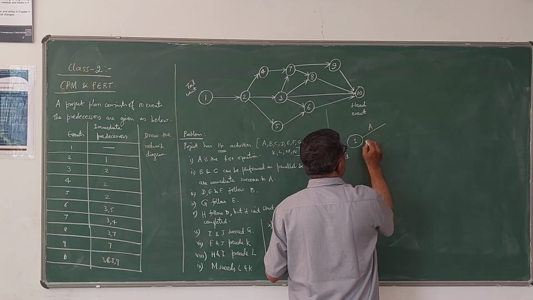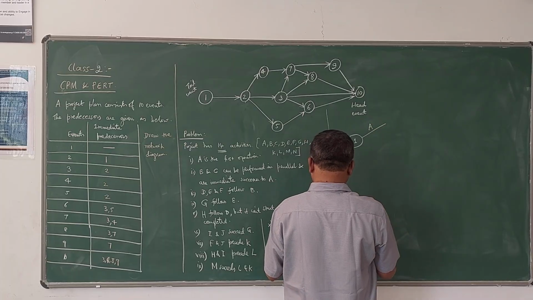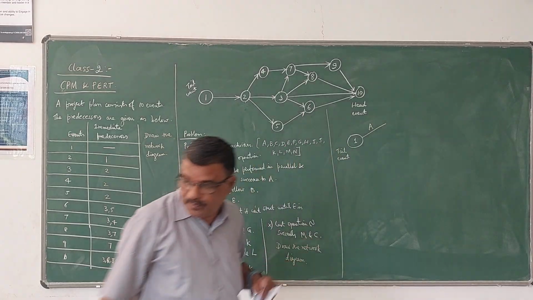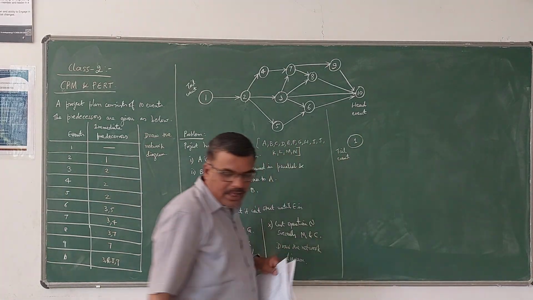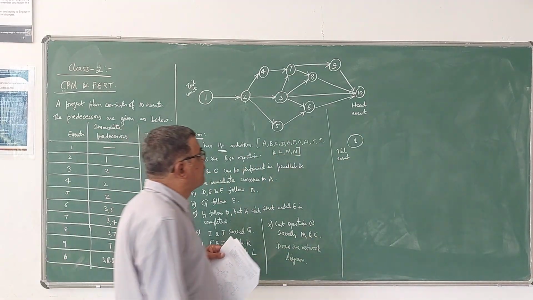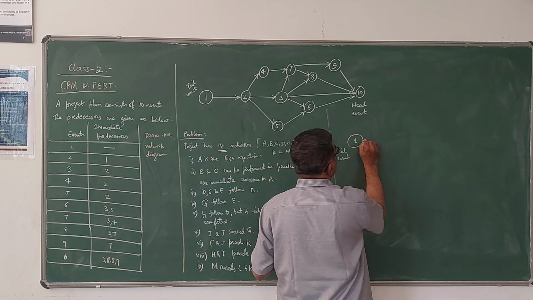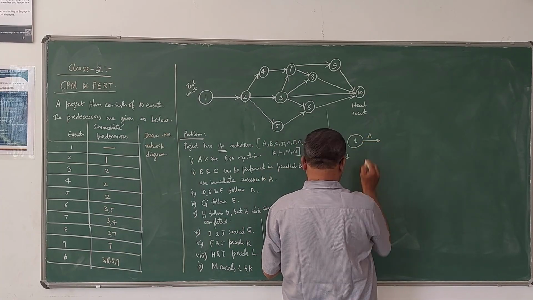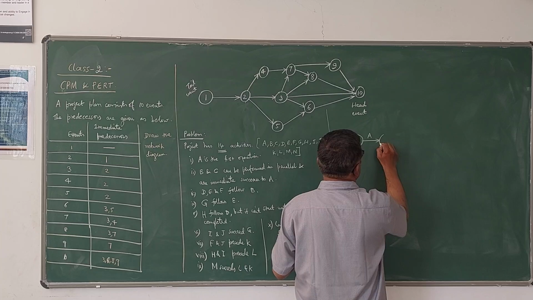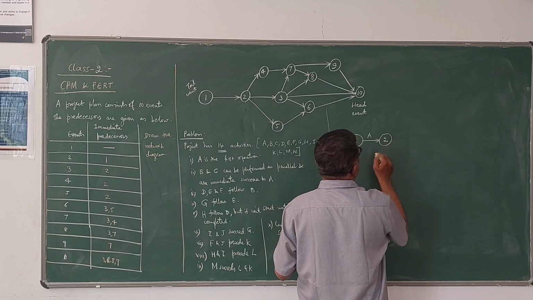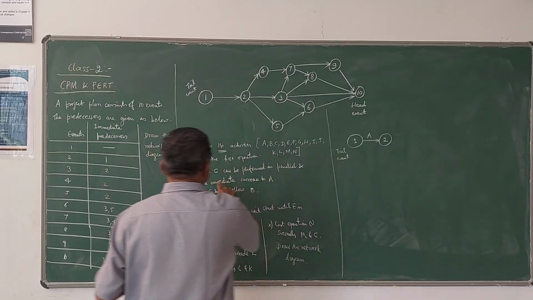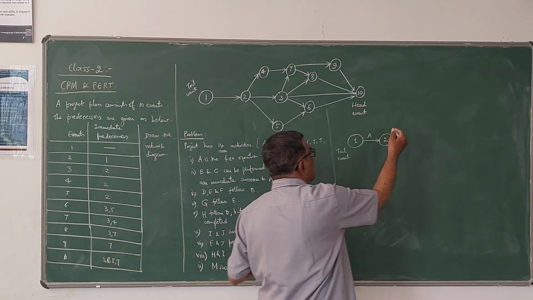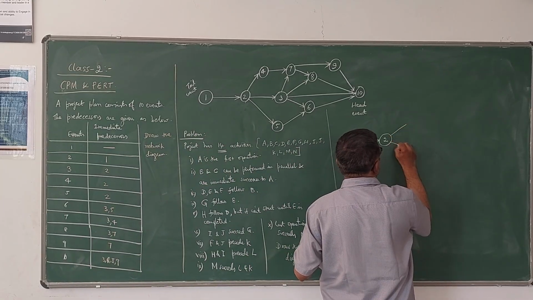A is this activity. The initial activity is A. They are not events, they are activities, and the arrows are A, B, C, D. So I will take it like this. This is your A. So the second event will come here. B and C are the successor activities to A, so it will go like this.